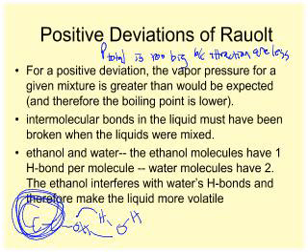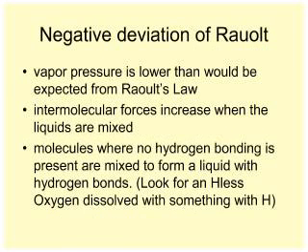So there's one hydrogen bond per molecule and a big nub of nothing, while water molecules have two. Basically, it's hydrogen bonds coming out the wazoo. That would be the electron pairs. The ethanol interferes with the water's hydrogen bonds and therefore makes the liquid more volatile. So that's positive: the total pressure is too big because attractions are less. And that's, I guess, all you really need to write down.